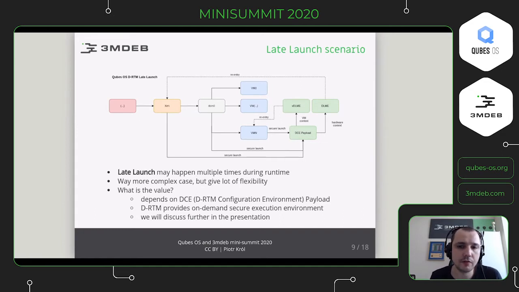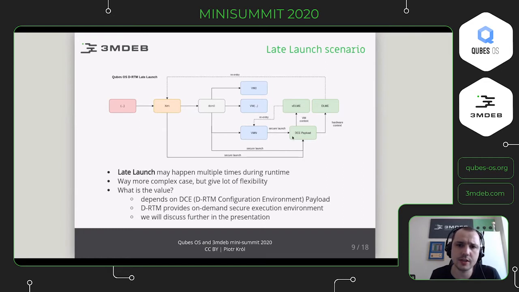This is like Flicker paper did that. They used various DCE payloads. What also can mean that further we can continue the path in different ways, and this can build a base for different scenarios.